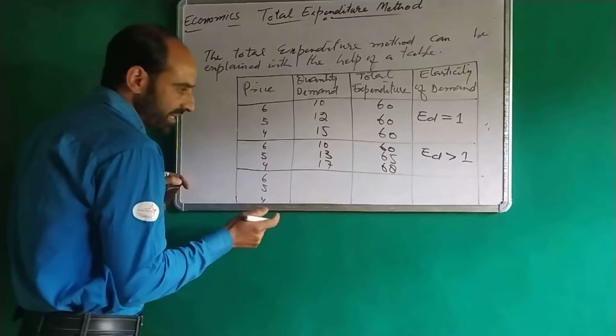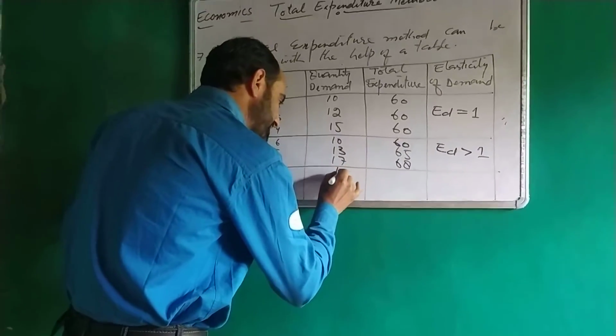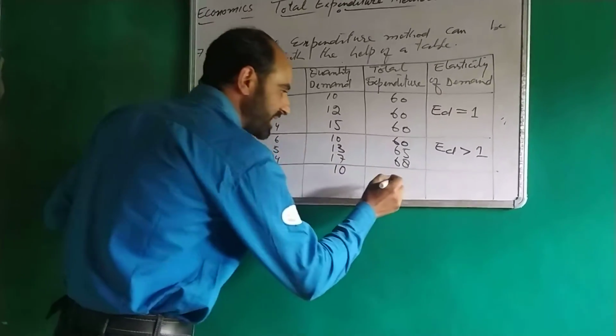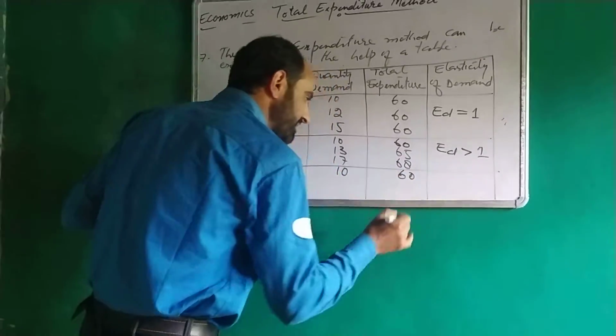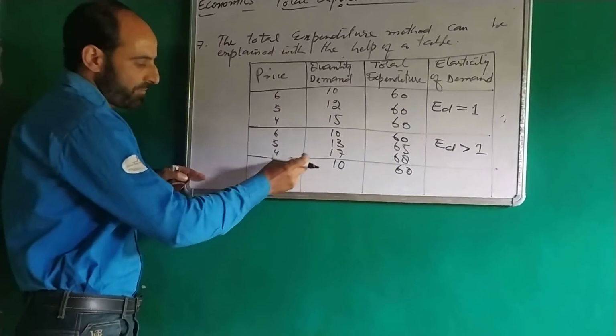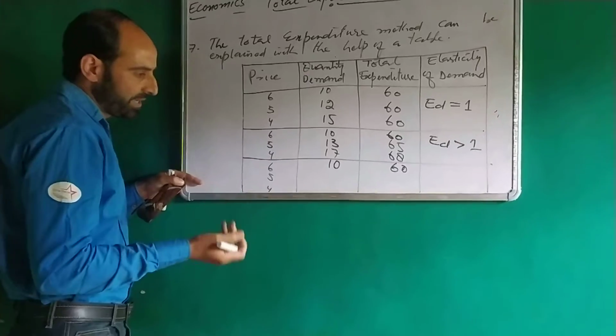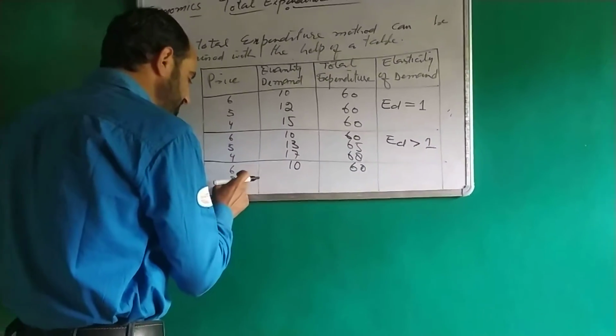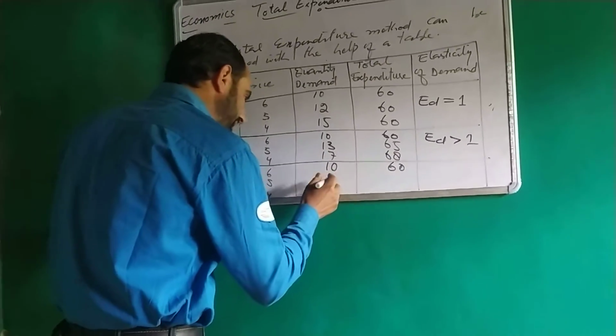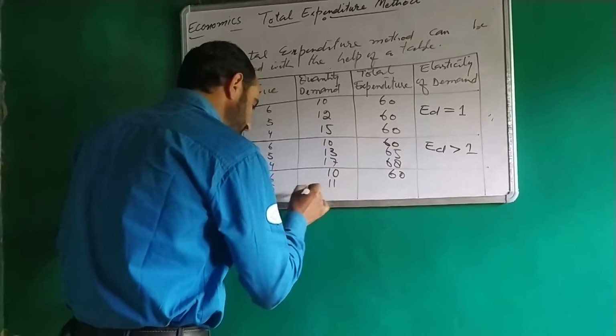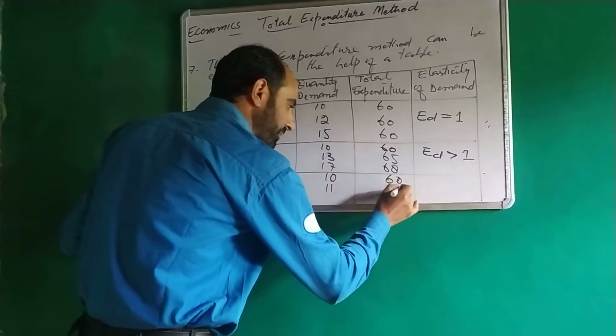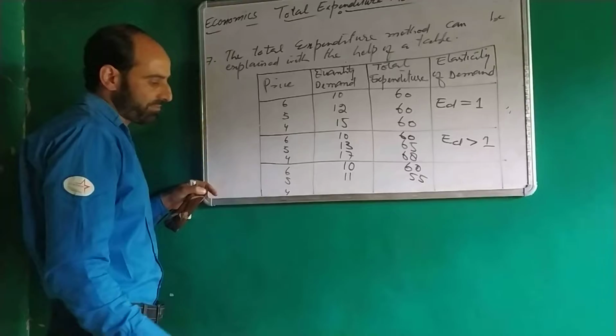Now, suppose price is 6 and quantity is once again, say, 10. 6 tens are 60. When price decreases from 6 to 5, let us say that quantity increases from 10 to 11. 5 11s are 55.